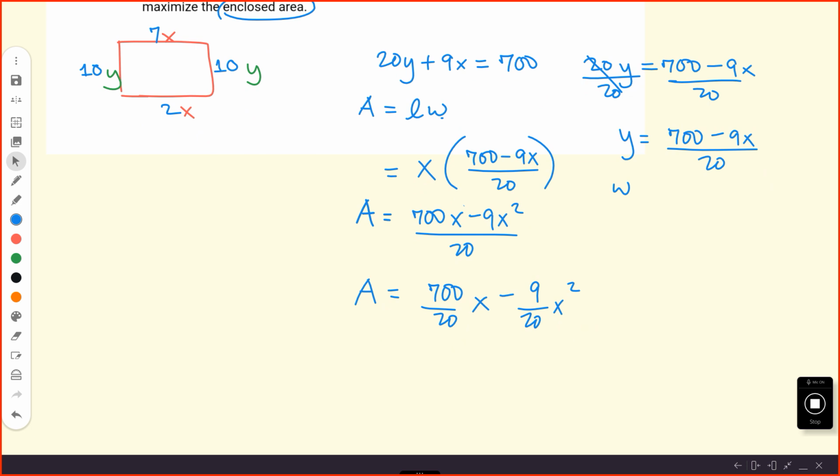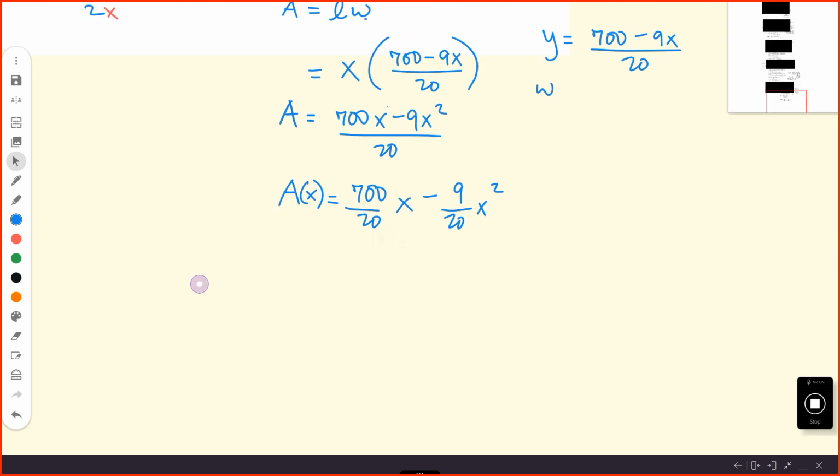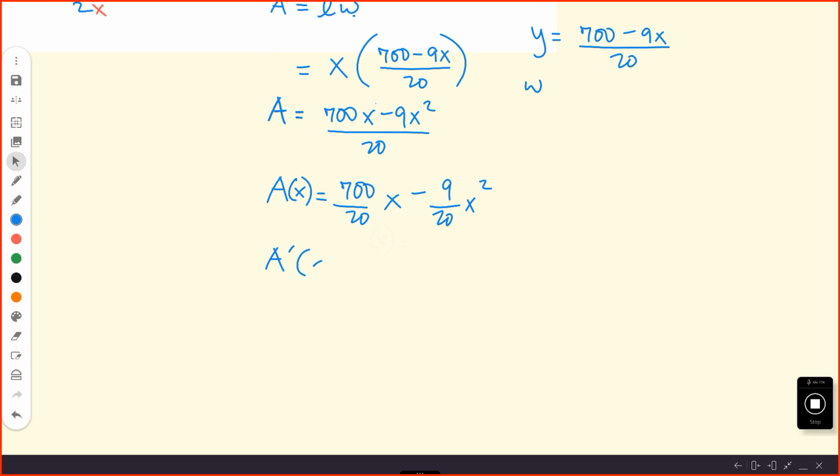So we can use the derivative to find the dimensions to maximize the enclosed area. We denote derivative as prime, right? So if this is our polynomial, a of x, then the derivative is represented by a prime of x.